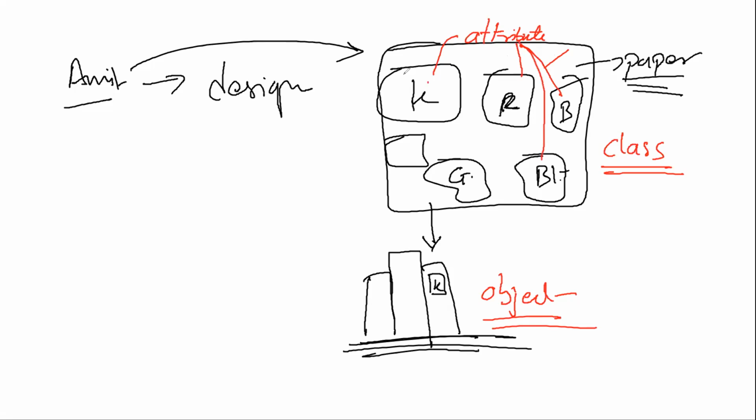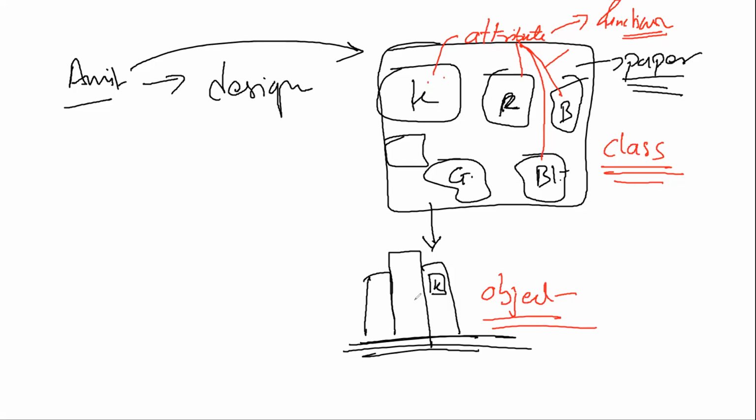Now, kitchen has a functionality. So it means this kitchen, which is an attribute, will have a functionality also, right? But can you use this functionality only by using the class? If I give you this paper design in your hand and I tell you to cook something, is it possible? No, you cannot use the functionality of the kitchen until you create the object.